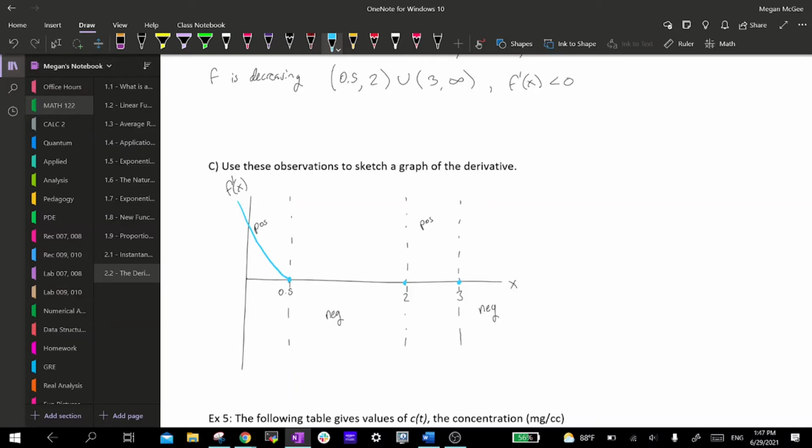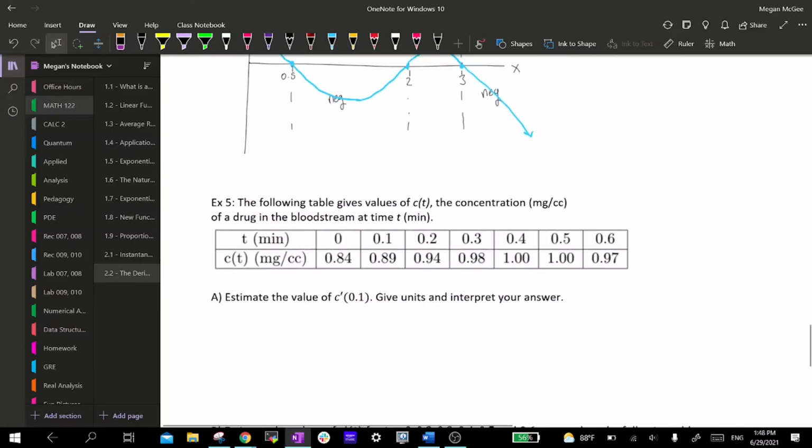So positive means above the x-axis, negative means below the x-axis, then we have to be positive again, and negative again. All right, so this could be a graph of what our derivative looks like for this function.